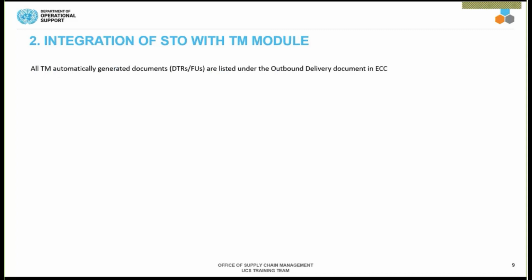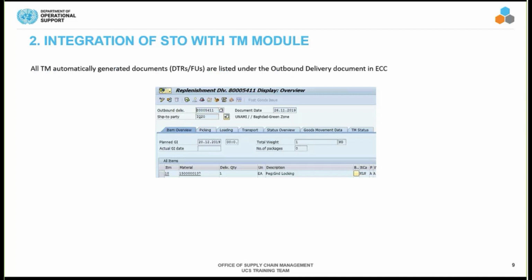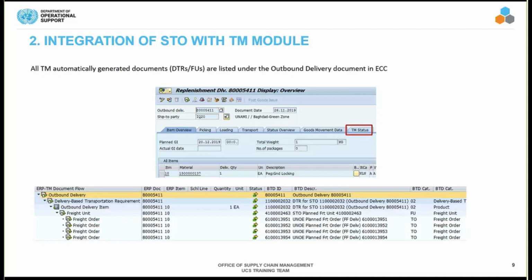Lastly, you will see that in the outbound delivery document, there is a tab called TM Status tab, and it's where all TM related documents are going to be listed. So in an outbound delivery document, you click on the TM Status tab, you will see all related TM documents.